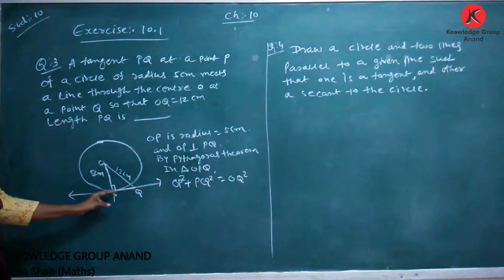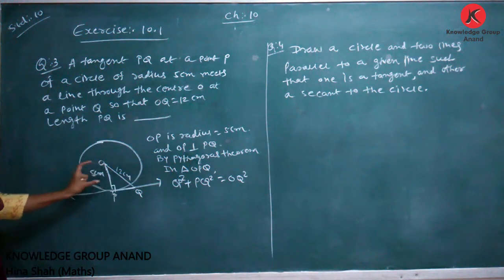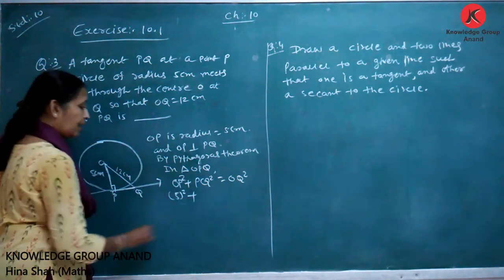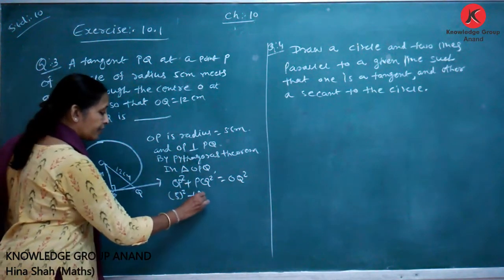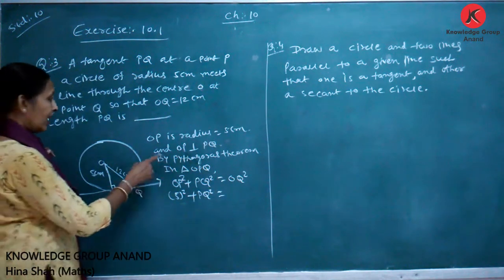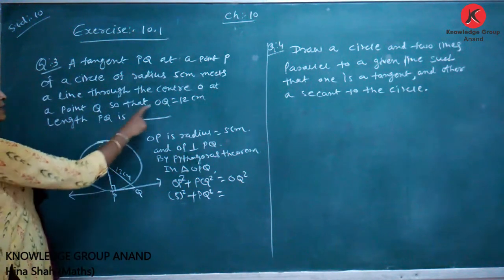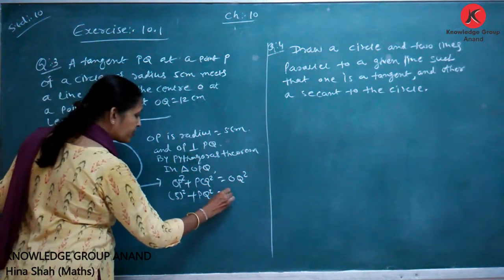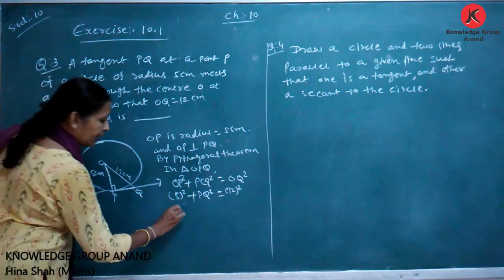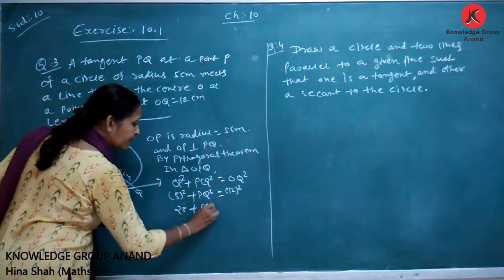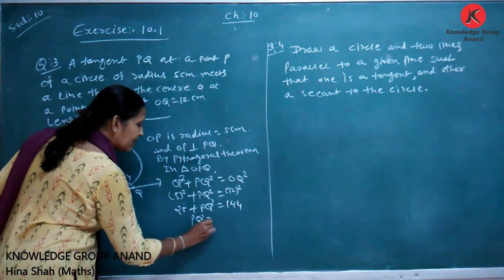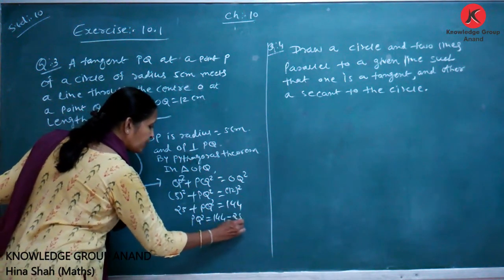Now put the values. What is the value of OP? OP is equal to 5, plus PQ. We want to find PQ. What is the measure of OQ? OQ is 12. So 25 plus PQ square is equal to 144. PQ square is equal to 144 minus 25.